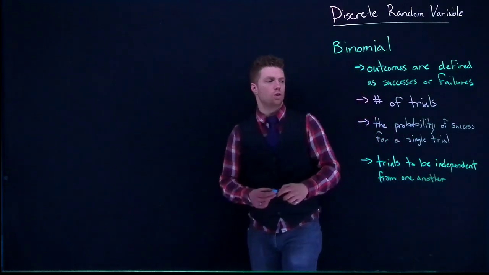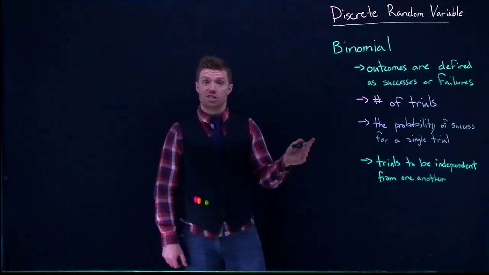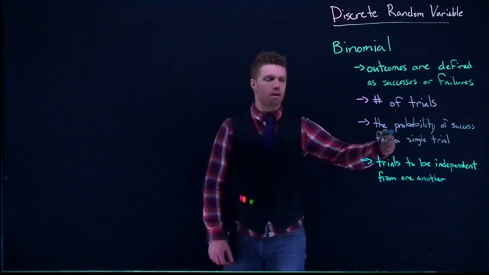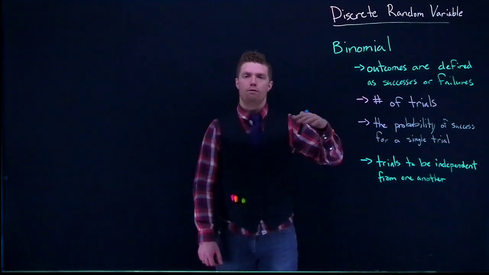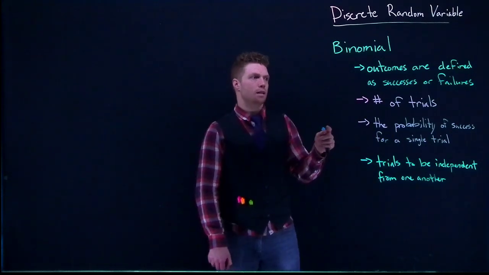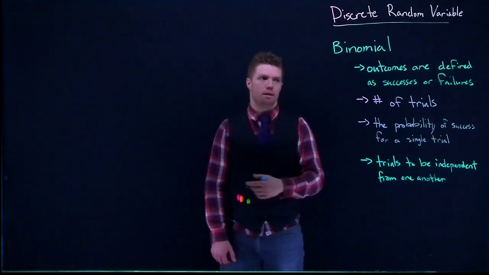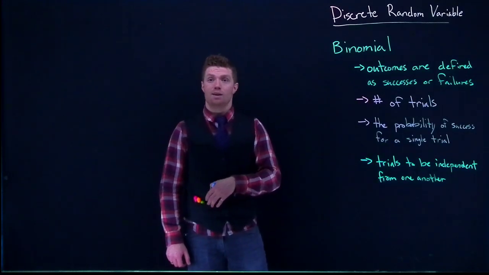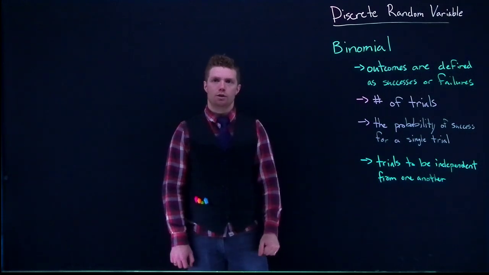This is important so that our probability of success doesn't go changing on us. We need the probability of success for a single trial to be the same for every single trial in our particular experiment. So trials need to be independent from one another. If not, we can't really use this binomial situation.